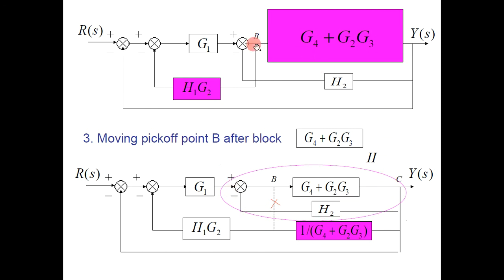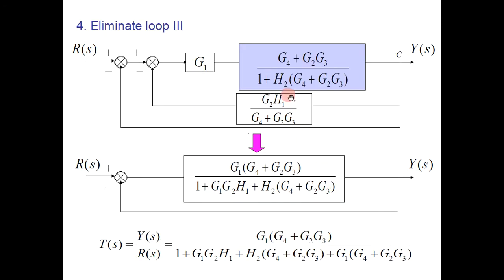If we move this branch point to the right of G4 plus G2 G3, then through this H1, this gain G2 will pass. So in order to cancel that gain, we are adding another block of 1 by G4 plus G2 G3. Then we combine these two blocks. You have to follow the feedback rule in block diagram algebra. If we combine this one, the resultant is this one.